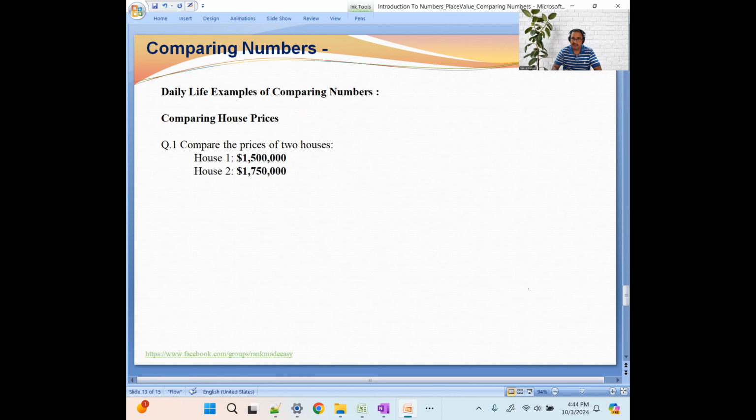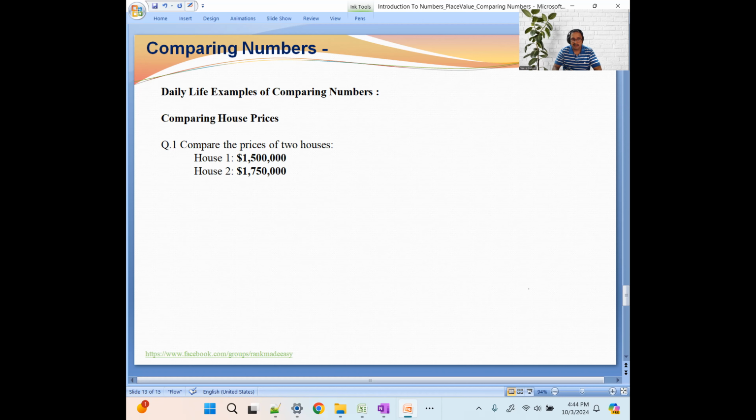So far, we discussed the basic usage of numbers, place values, and how to use the place values to do the comparison of numbers. Now it's time to do comparison with some examples. Nowadays, everyone compares housing prices. The first example we have taken is related to that. It will help you to understand the concept and the usage.